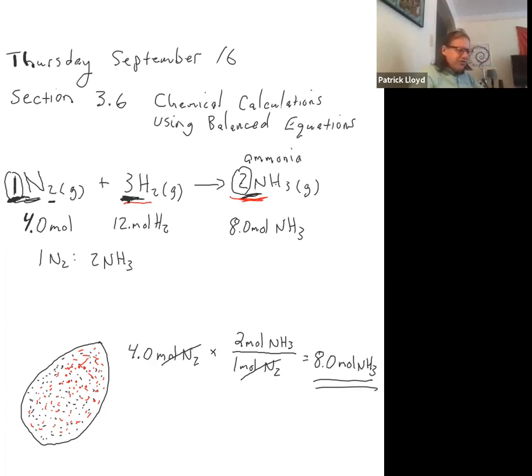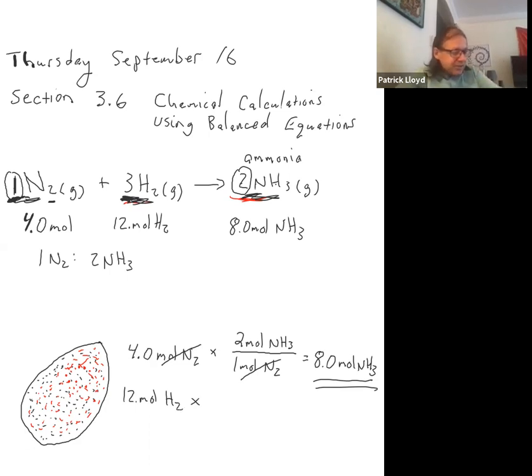Let me show you what we can do in terms of mass. So there's our relation. Oh, before I get into mass though, I want to show you one more relationship. There's a relationship between hydrogen and ammonia as well, right? So if 12 moles of hydrogen reacts, that's going to give you a certain amount of ammonia. So let's see how much it would be. If we put in 12 moles of hydrogen, you may see this already, but I'm going to show it to you explicitly.